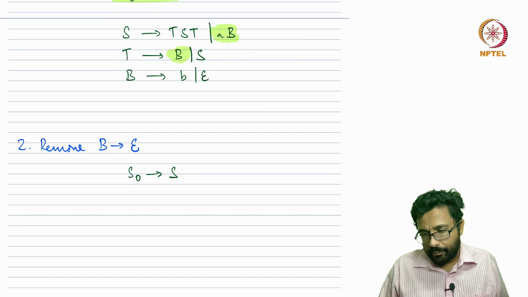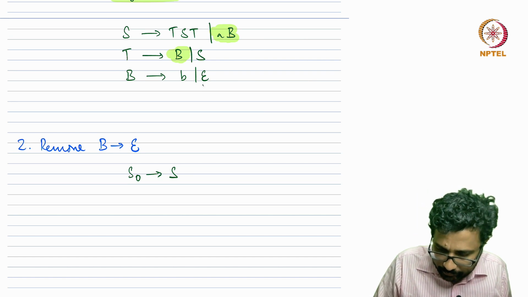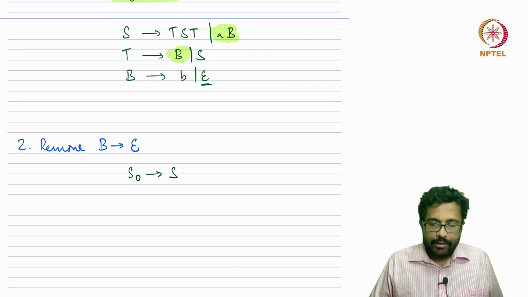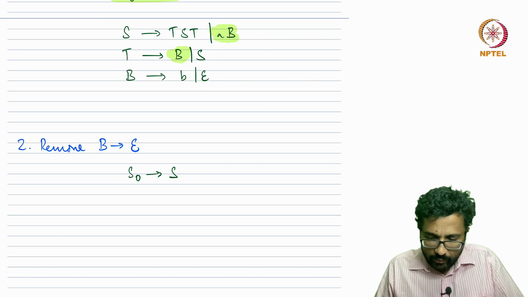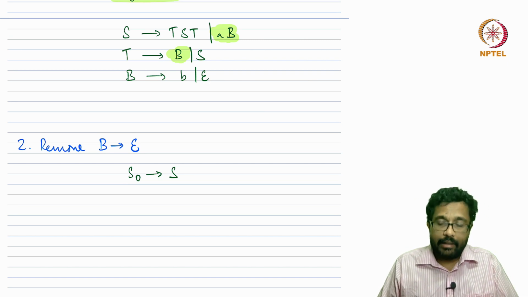So by eliminating this epsilon, we'll also try to ensure that the set of strings does not change.